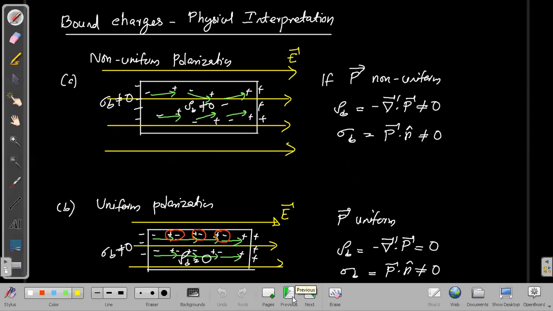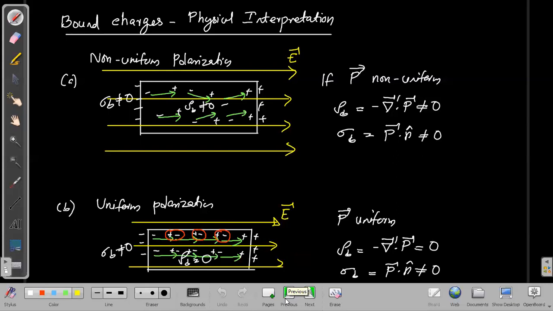So we get some volume charge density inside the material, and on the surface we get some surface charge density. The volume charge density becomes zero if the polarization is uniform, since there is no net accumulation inside the material. So rho b becomes zero, and you get only sigma b.